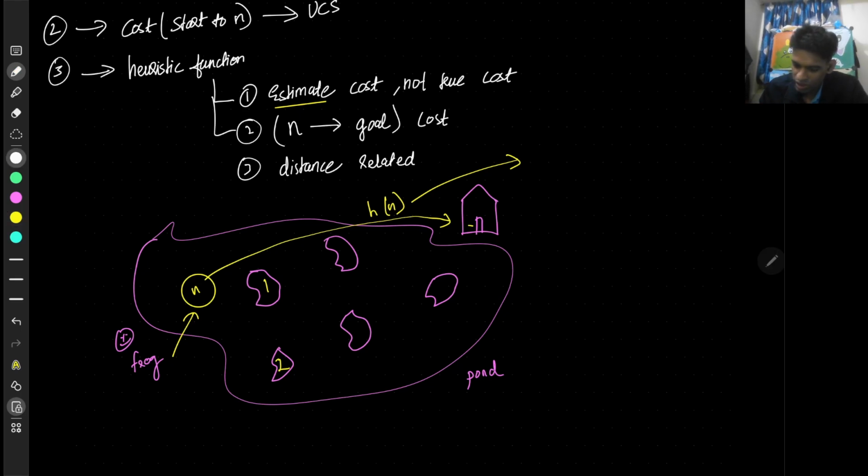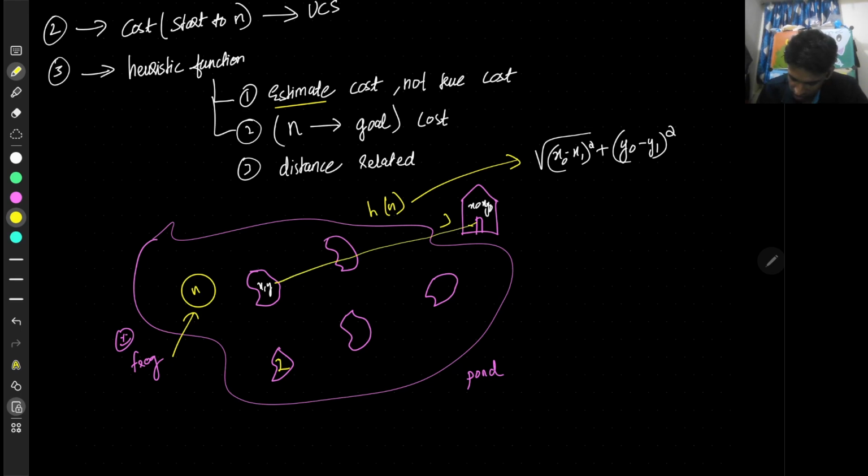One estimate might be the Euclidean distance. If you know the xy coordinates of this node, x0 y0, and of the other, x1 y1, you calculate the square root of (x0 minus x1) whole square plus (y0 minus y1) whole square.